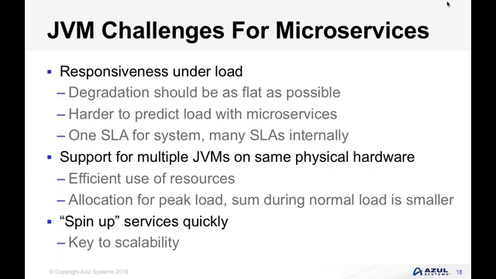What are the challenges for the JVM when we're dealing with microservices? Well, the first thing is how to maintain responsiveness under load. This is important because obviously as you start to add more services and you start to have a higher load on your machine, then you need to make sure that the system will respond in the times that you want.